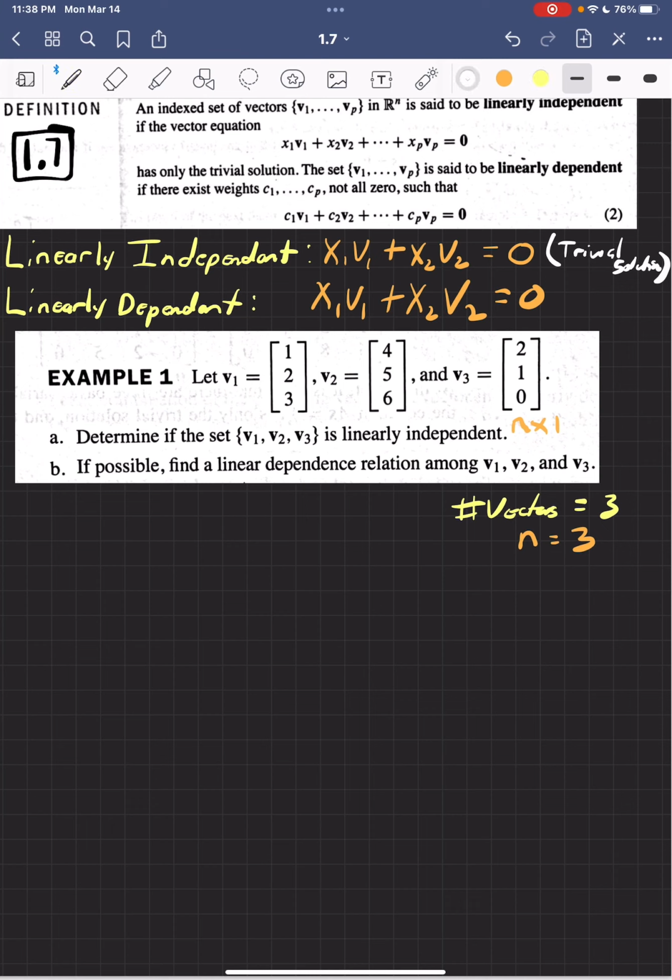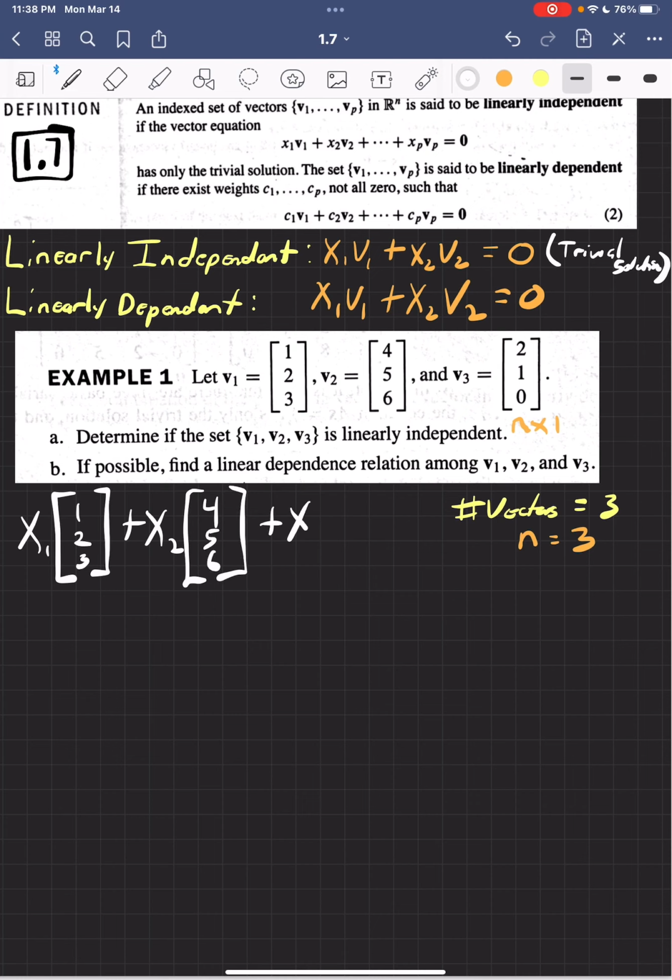So let's go ahead and use x sub 1, and for v sub 1 I'll have 1, 2, 3, plus x sub 2 times 4, 5, 6 plus x sub 3 multiplied by 2, 1, 0, and that is set equal to 0.